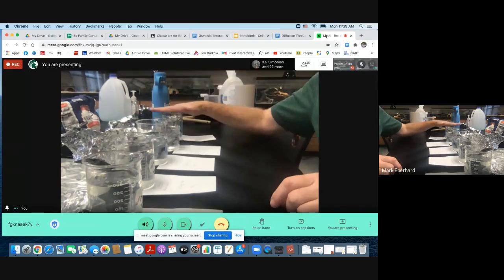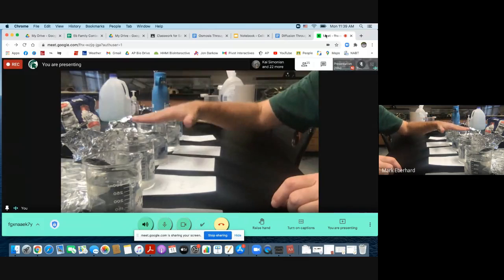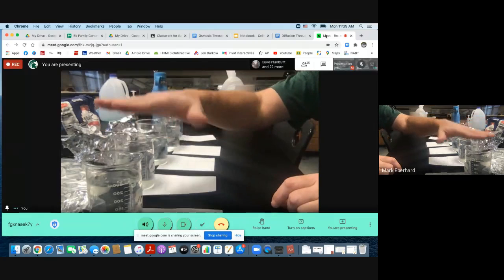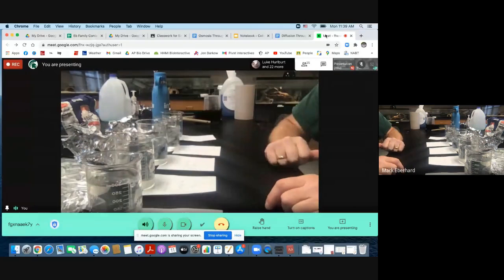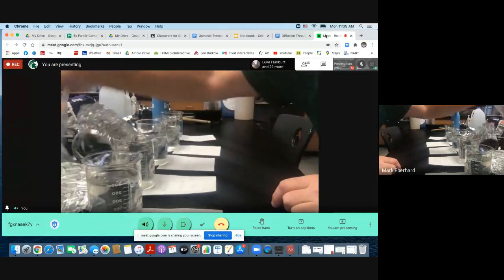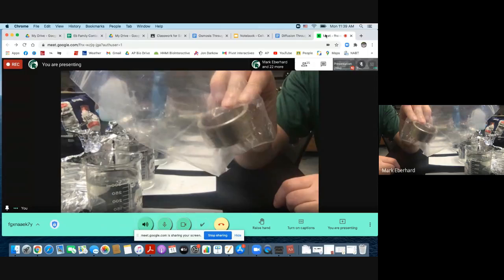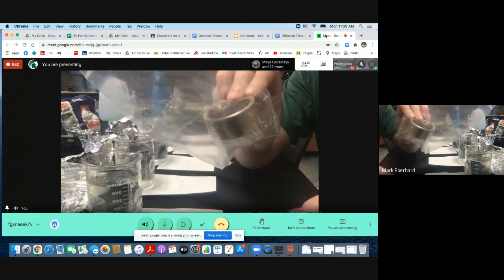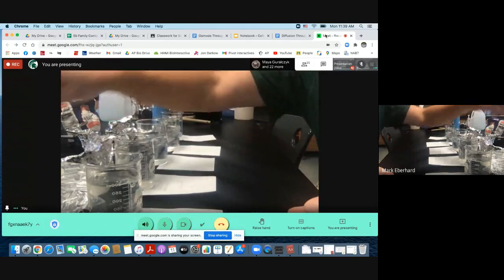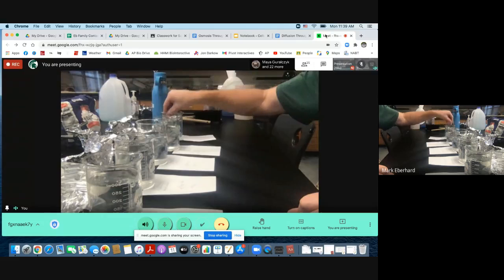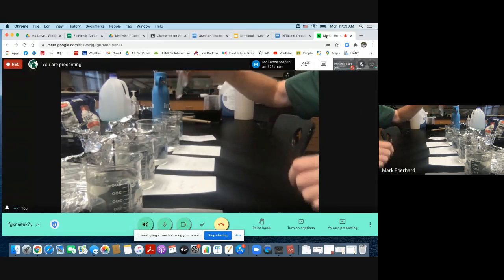Okay, again, beaker A, beaker B, beaker C, beaker D, and beaker E. For this, I took dialysis tubing, same dialysis tubing we did the first time. I cut 5 strips and basically created a very, very similar model.